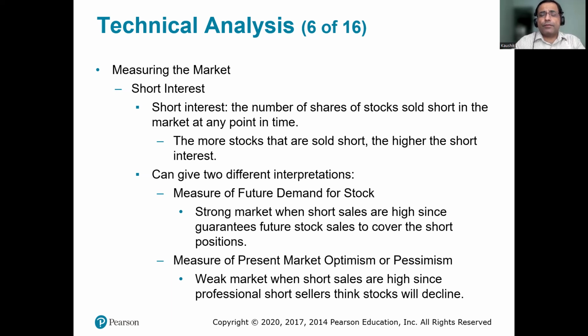It means that there is future demand for the stock, so a trader will short sell a stock when they expect there will be trading in that stock in future, because they need to cover their short positions. The other interpretation is that the market is having a negative outlook. The trader has taken a short selling position because they expect the stock prices to decline.